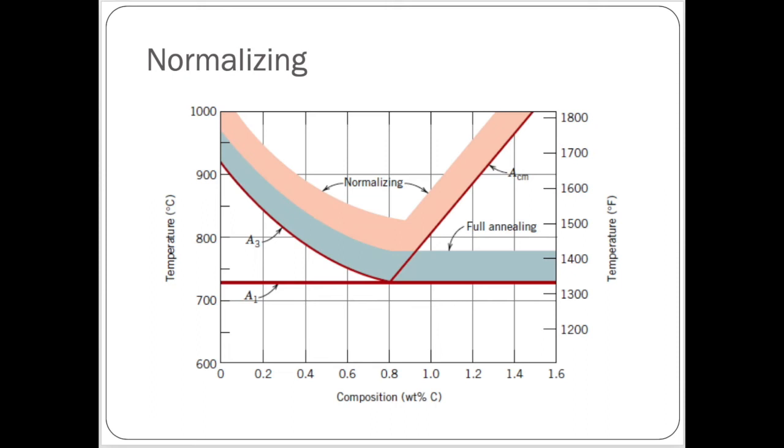Normalizing is accomplished by heating at least 55 degrees Celsius above the upper critical temperature, that is, above A3 for compositions less than the eutectoid, that is 0.76 weight percent carbon, and above ACM for compositions greater than the eutectoid, as represented in the figure.